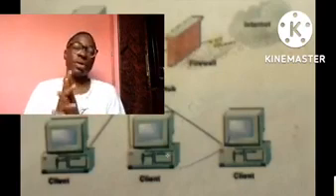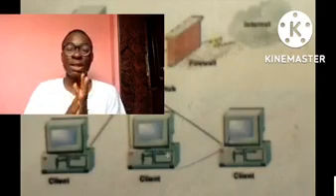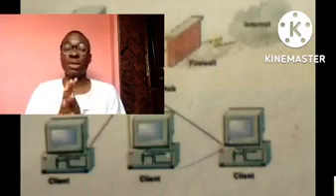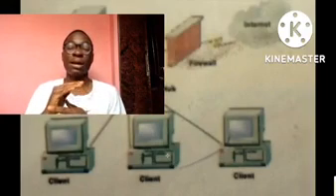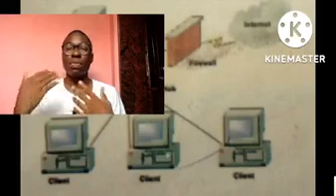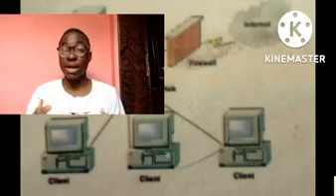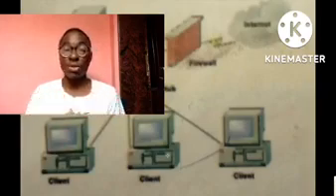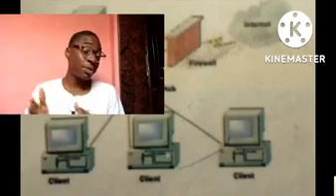These firewalls are used by your internet service providers and internet companies like your Airtel, your MTN, and all those subscriber companies, which will firewall any person that has not paid for access to the internet. So that's why you have to pay. That's why you have to buy data. That's why you have to pay to communicate with others. It's the firewall that determines whether you are eligible to use the internet or not.